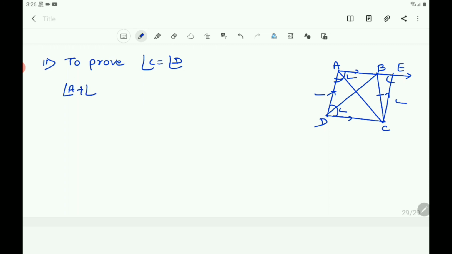So you write angle A plus angle D equals 180 degrees. Reason: interior angles on the same side of the transversal.